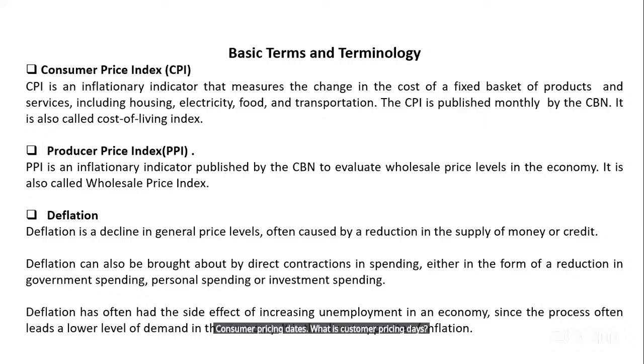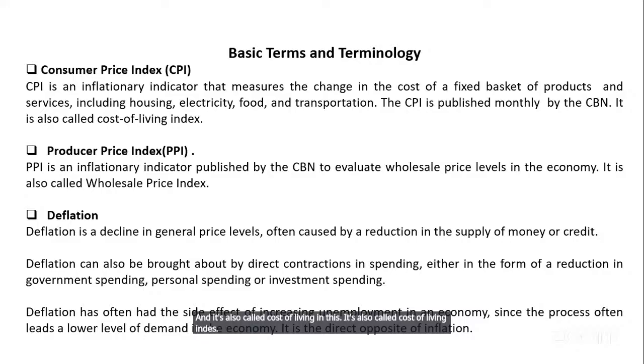It is an inflation indicator that measures the change in the cost of a fixed basket of products and services, which include housing, electricity, food, and transportation. The CPI is published on a monthly basis by the CBN and is also called the cost of living index.